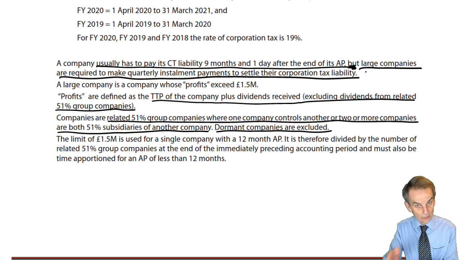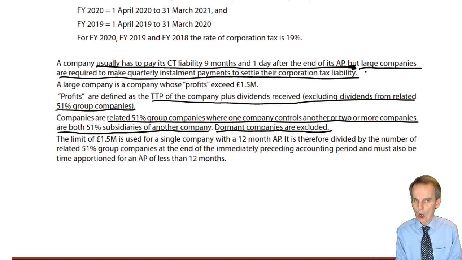And then you'll make 3 further, 4 in total, quarterly instalment payments. You will be paying your corporation tax a whole lot sooner.